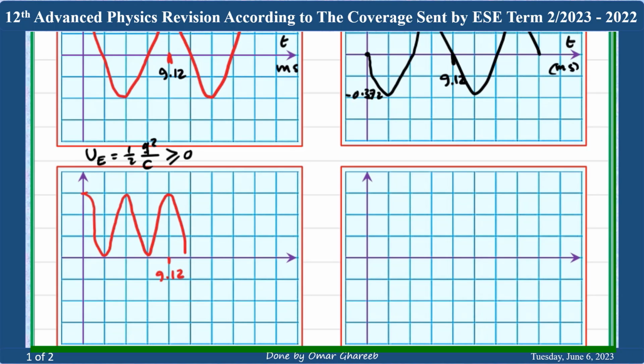For the second cycle, draw this. This is UE in joules, and we can find U maximum by Q squared maximum over 2C.